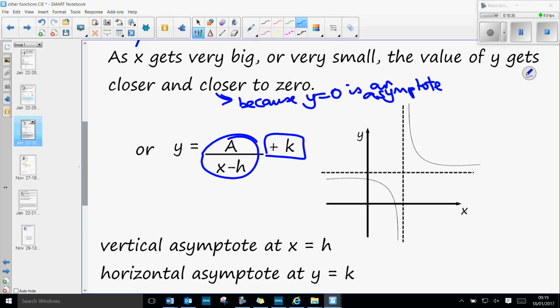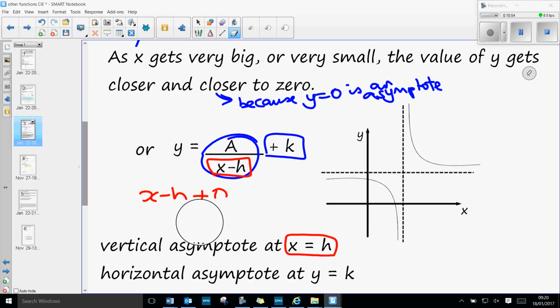For this one, our vertical asymptote would be at the value of x equals h. In this case, that's because we know that x minus h cannot equal 0, because it is our denominator.